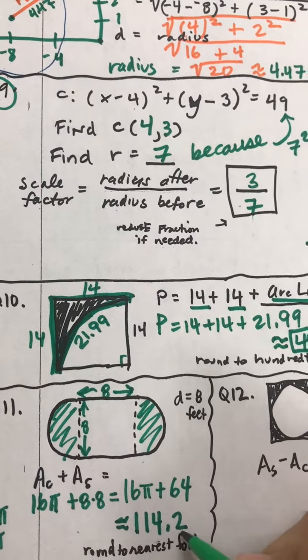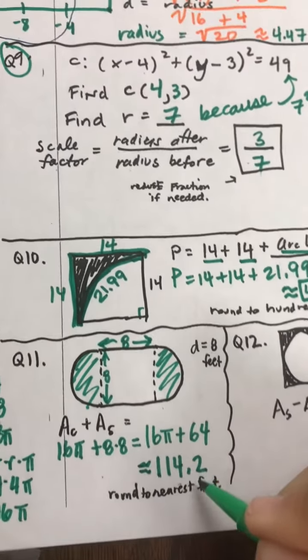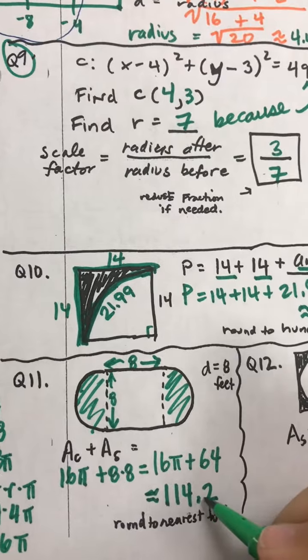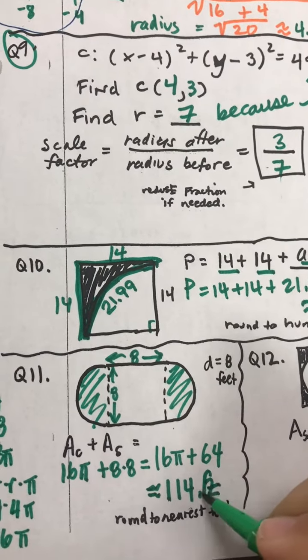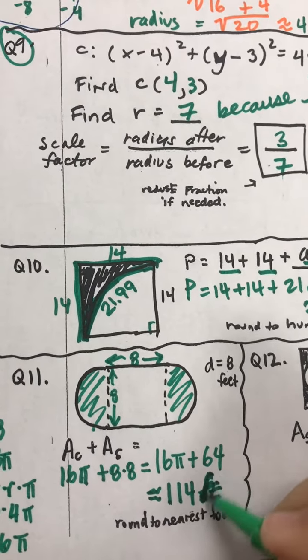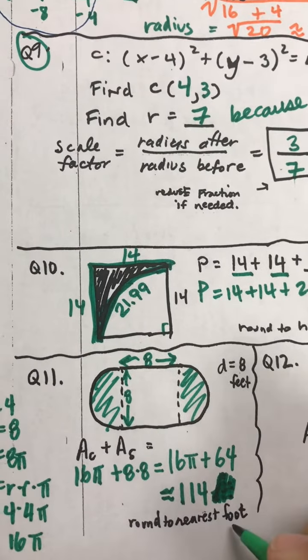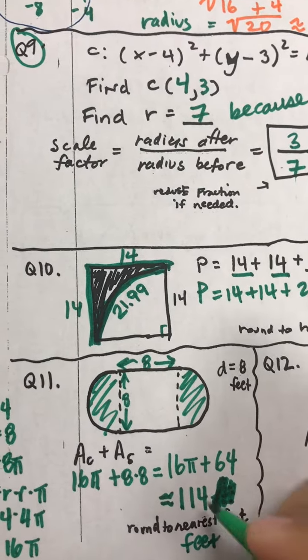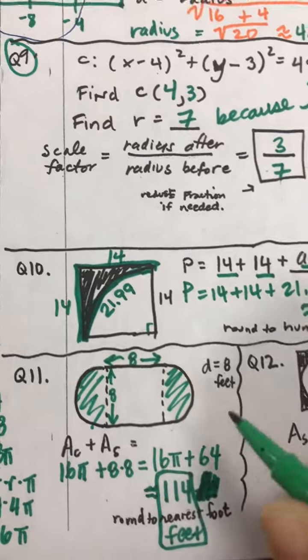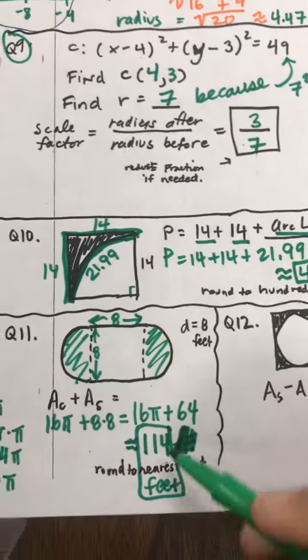So I'm just going to round that to exactly 114 feet. You can't read that. 114 feet is the area of Grandma's table.